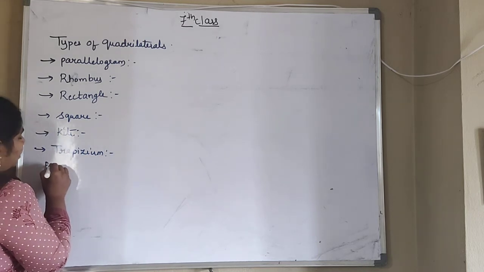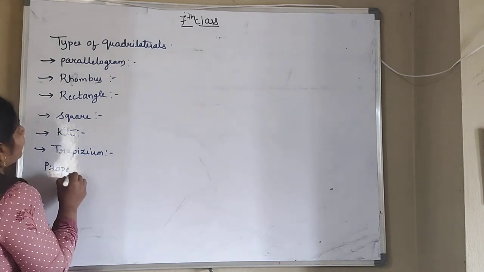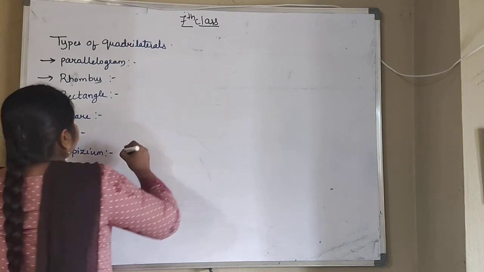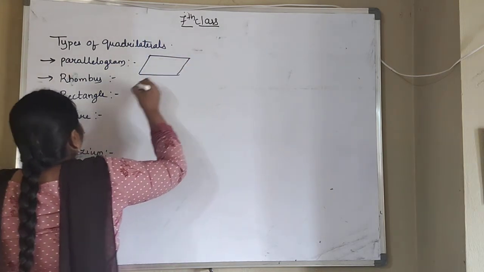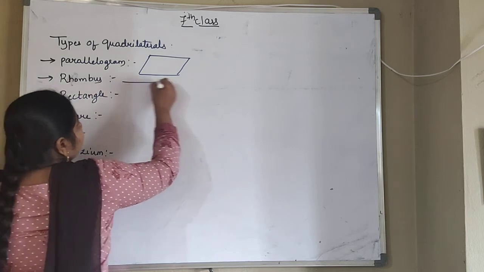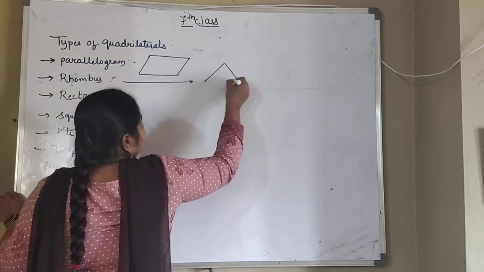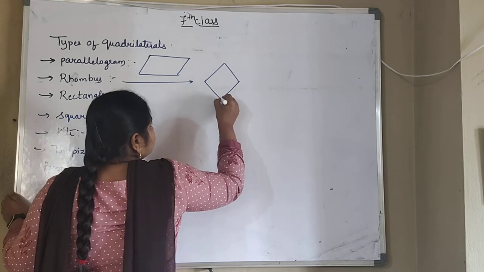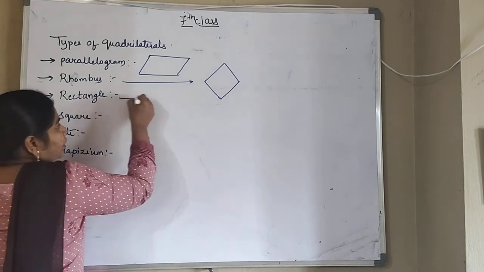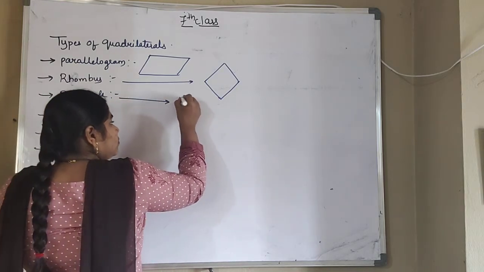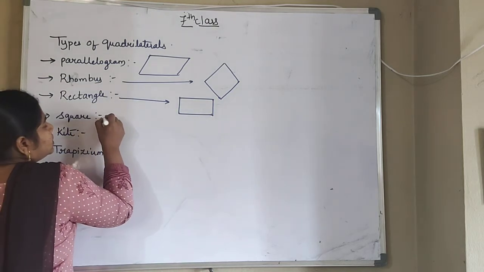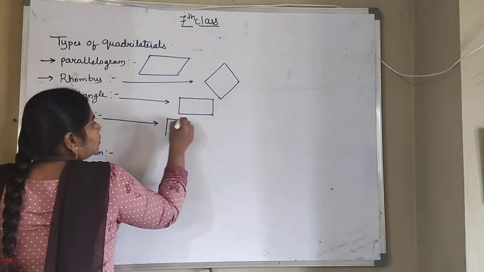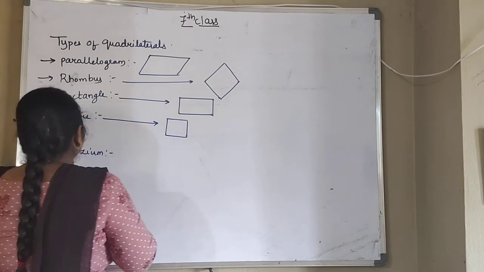So first we are learning about the property of parallelogram. How will you see the parallelogram? Like this. And rhombus is in this way. Rectangle you already know. Next, square is like this. Next, kite.